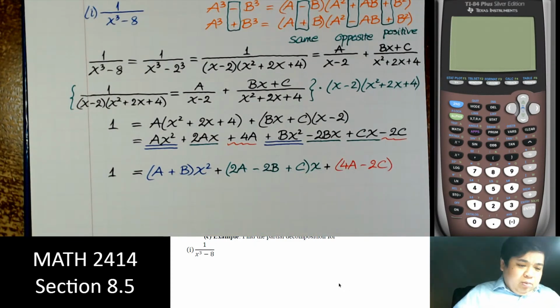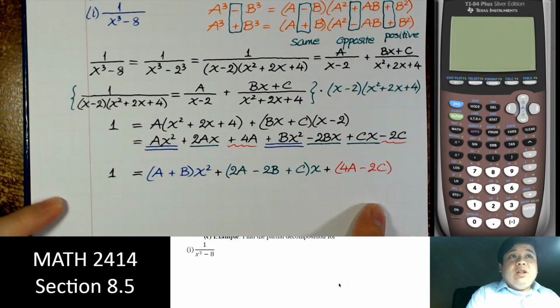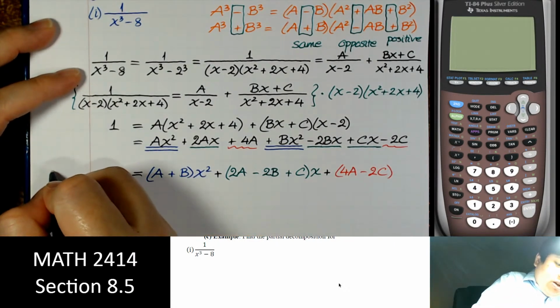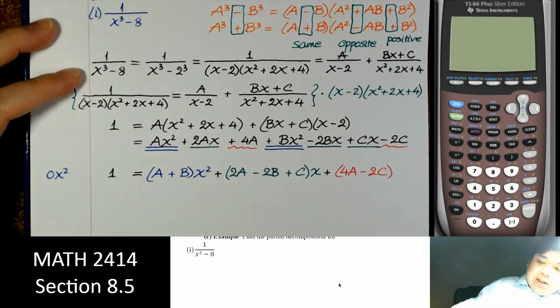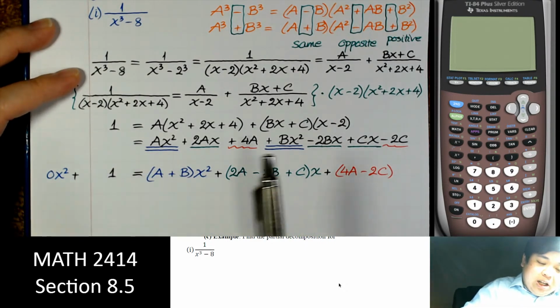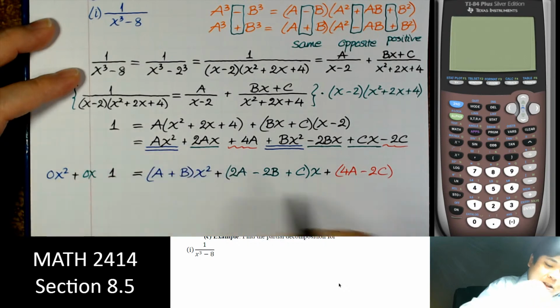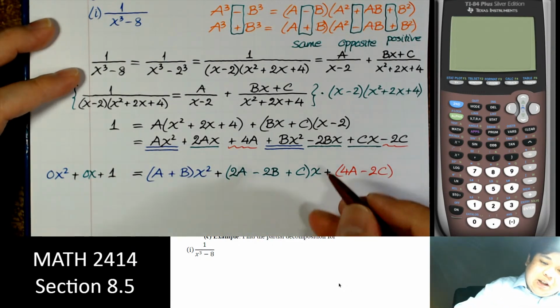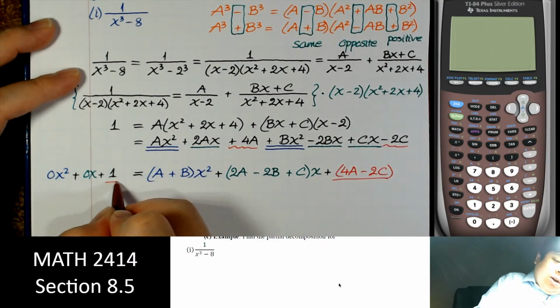Right, now the 2 sides of the equation are equal when the coefficients are equal. By that I mean there's no x squared here, and also there's no x. We only have the constant equal to constant.